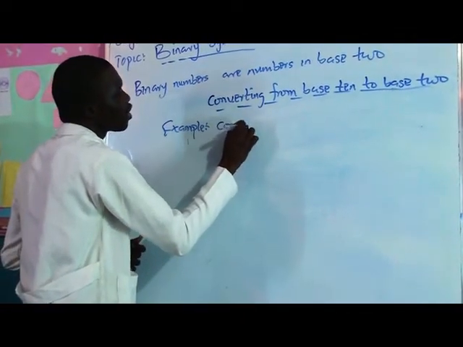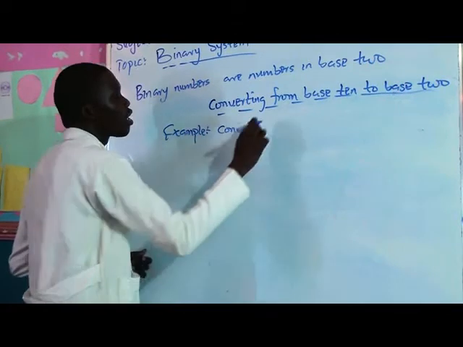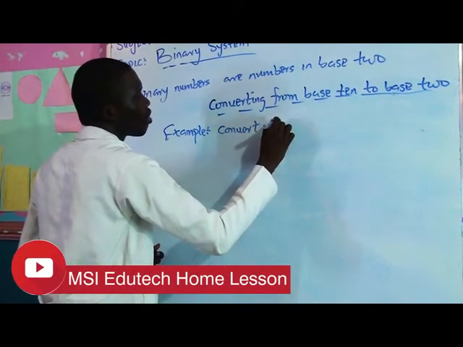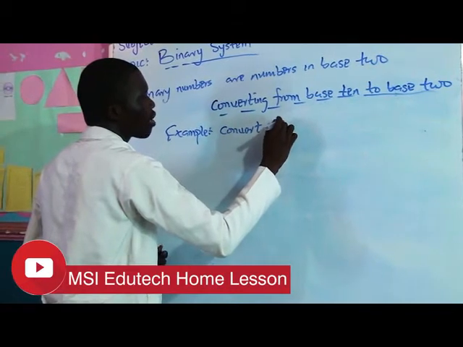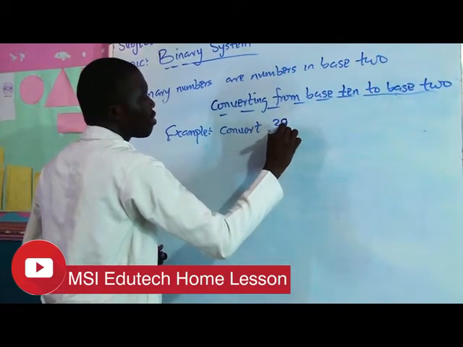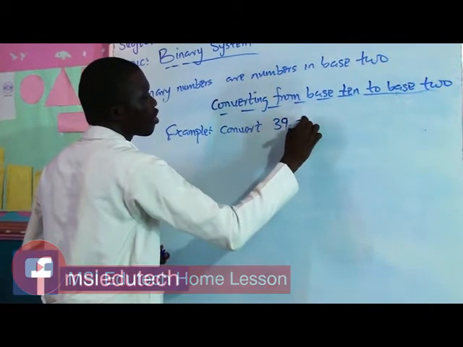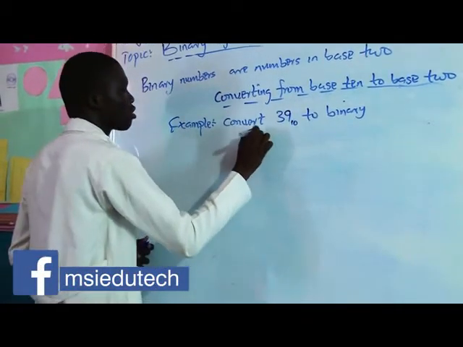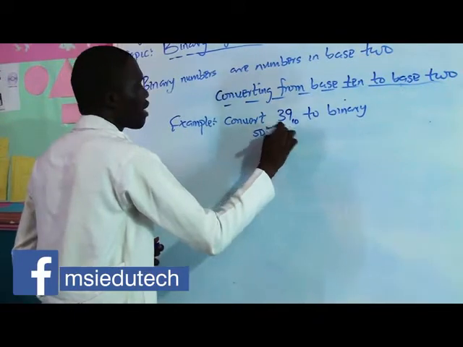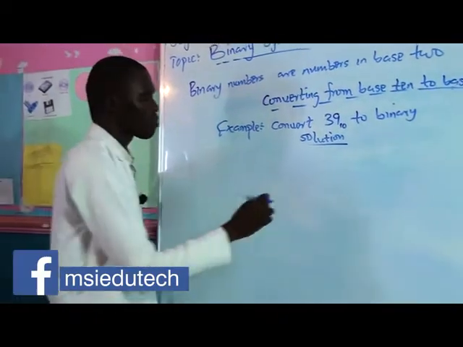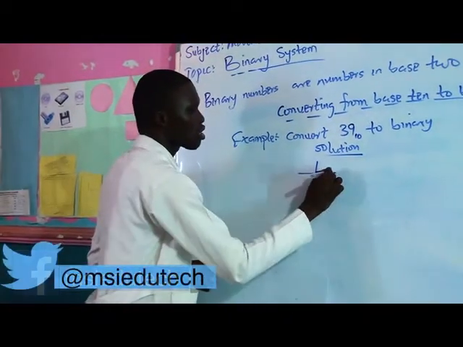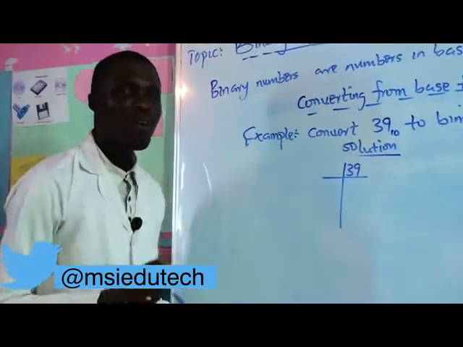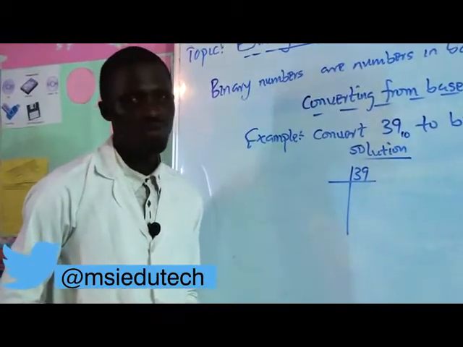Convert 39 base 10 to binary. Let's do it together. Are you ready? Okay. You are going to use this method. 39. Remember, we are converting to base 2.